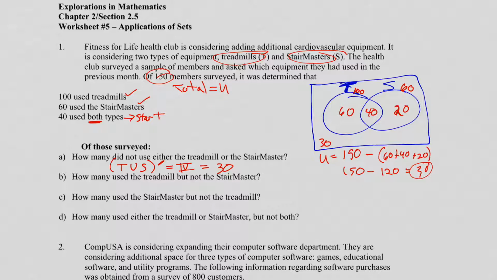How many use the treadmill but not the Stairmaster? Okay, so what's exclusive to T or to treadmills? That's region 1. Okay, region 1 is 60.